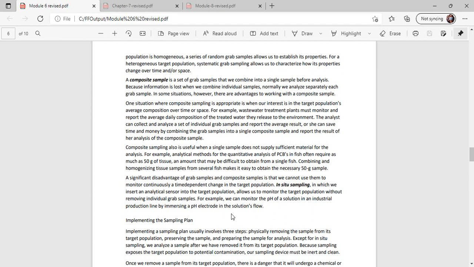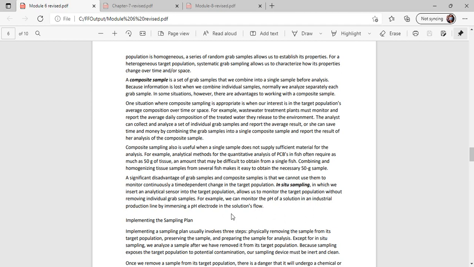Combining and homogenizing tissue samples from several fishes makes it easy to obtain the necessary 50 gram sample. Also, a significant disadvantage of grab samples and composite samples is that we cannot use them to monitor continuous and time-dependent changes in a target population.